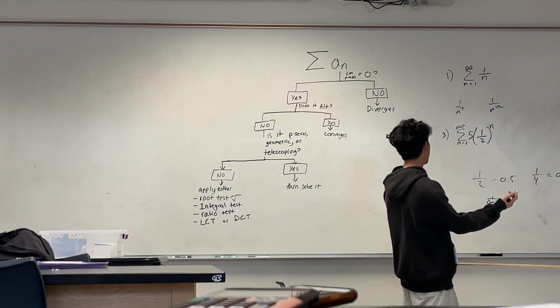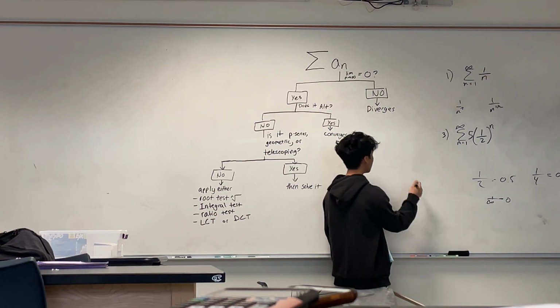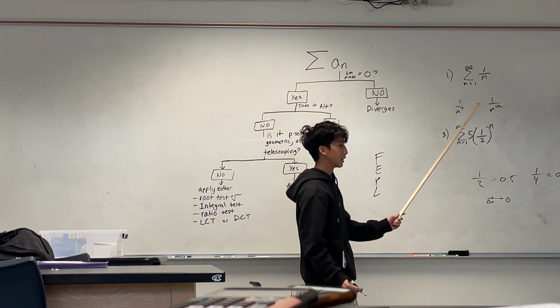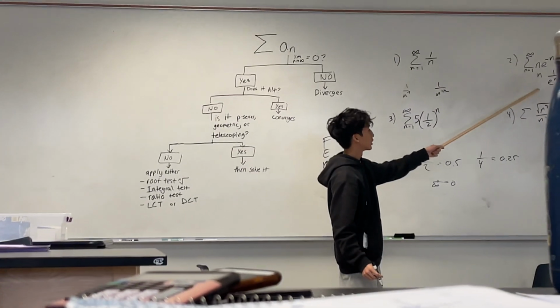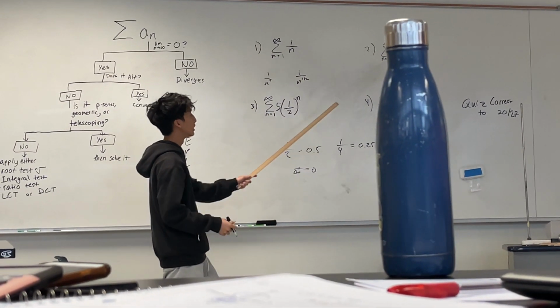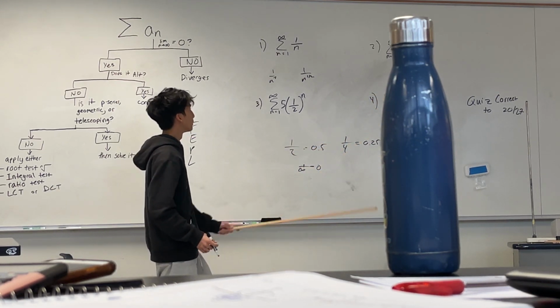It does. If you remember from Tuesday when I taught you guys about FEPL, FEPL is an acronym that tells you which part of the function grows faster, which one goes towards infinity first. Like if you had a race between the numerator and the denominator, which one would reach infinity first?